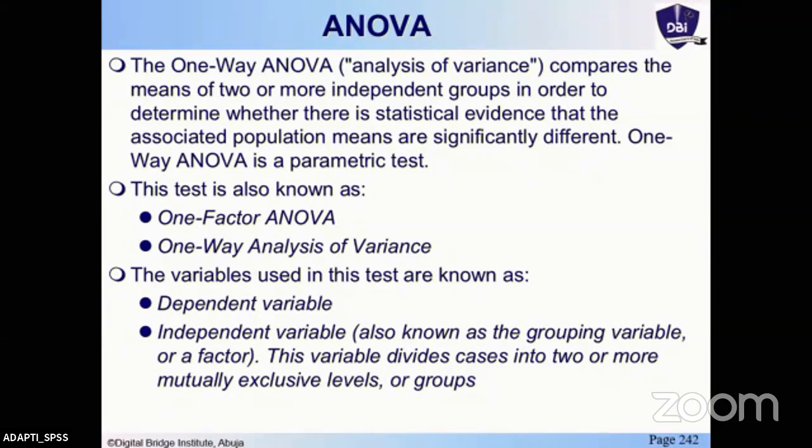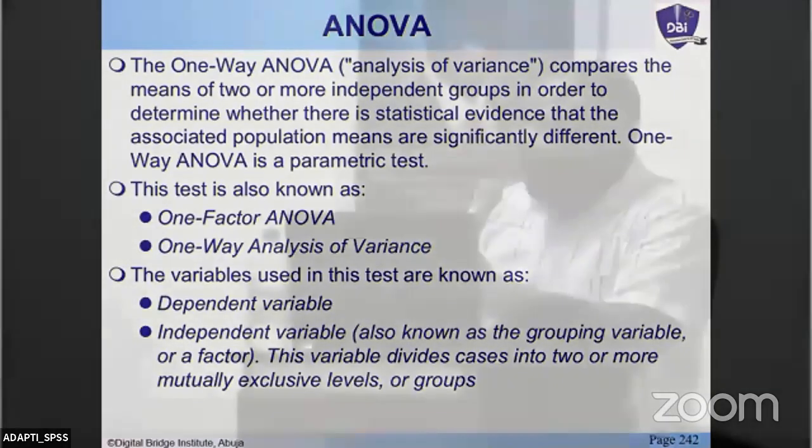So the first one, one-way, you have one factor that will have three or more groups. The other one, you have two factors that will also have three or more groups in each of the two factors. But your dependent variable is one, which is a continuous data. So don't forget, you must have one continuous and one categorical, just like t-test.